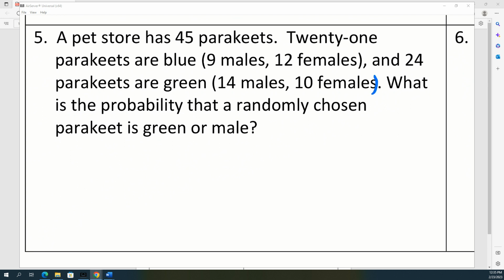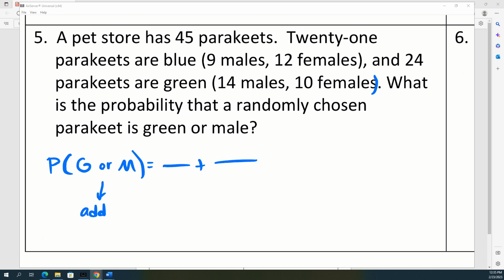What is the probability that one randomly chosen parakeet is green or male? So the probability of a green or a male parakeet. So when you see or on your quiz, what are you going to think? You have to add. So we're definitely going to add these probabilities together.